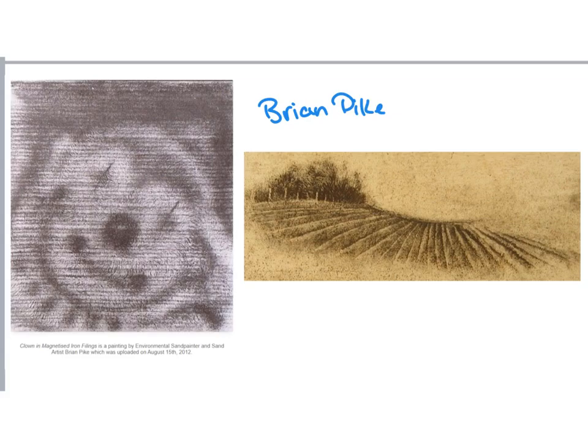So on the left, you can see an image of a clown, and on the right is an image of a field. And he did all of these with tiny little iron filings, which he then magnetised to make the pictures that we see here, which is really impressive. So that's just a quick note. You can research him a bit further if you're interested.